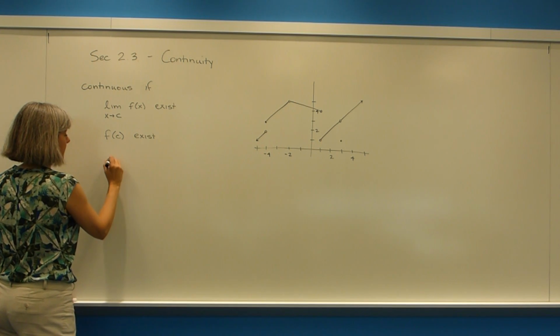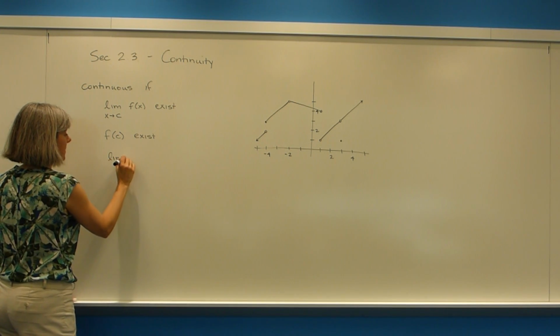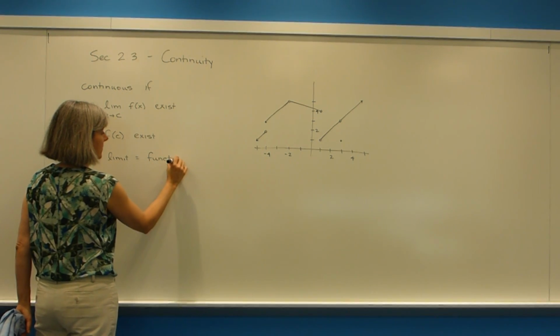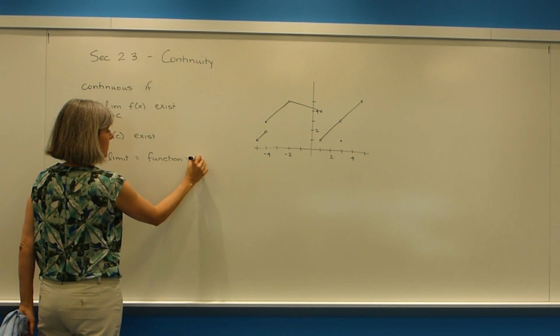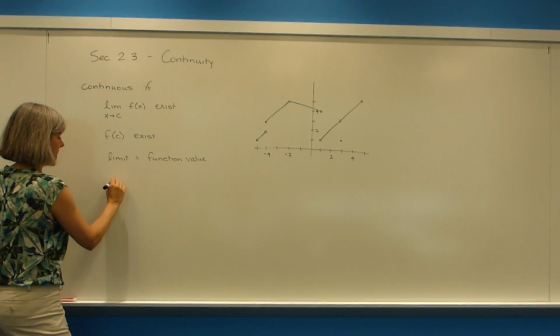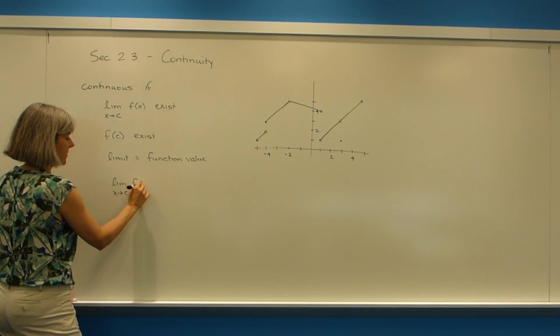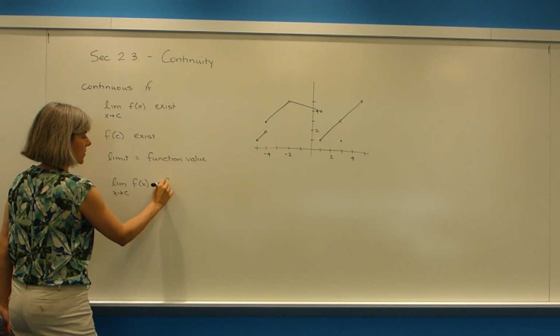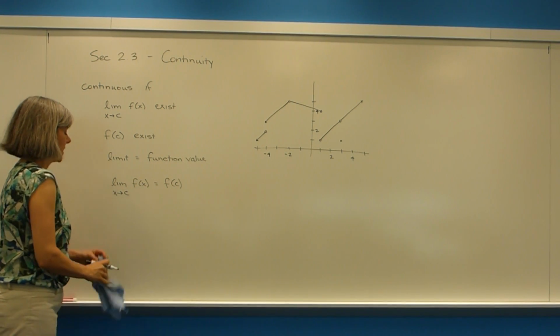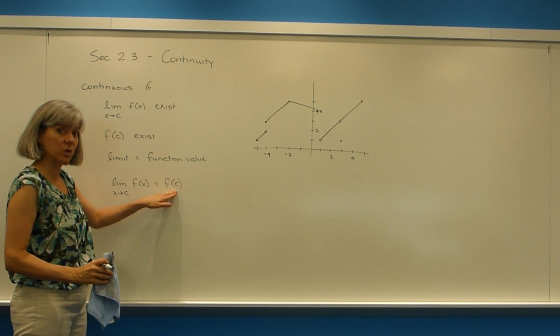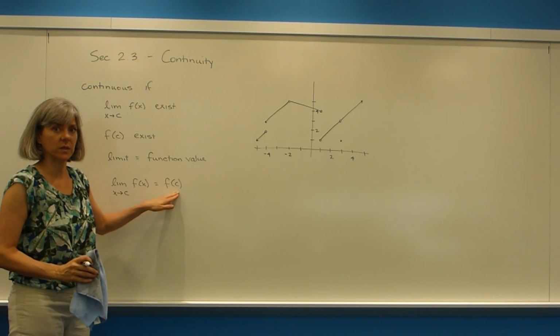So the limit equals the function value. So shorthand, you could just write the limit as x approaches c of f of x is equal to f of c. The two-sided limit exists and is equal to the value of the function which also exists.